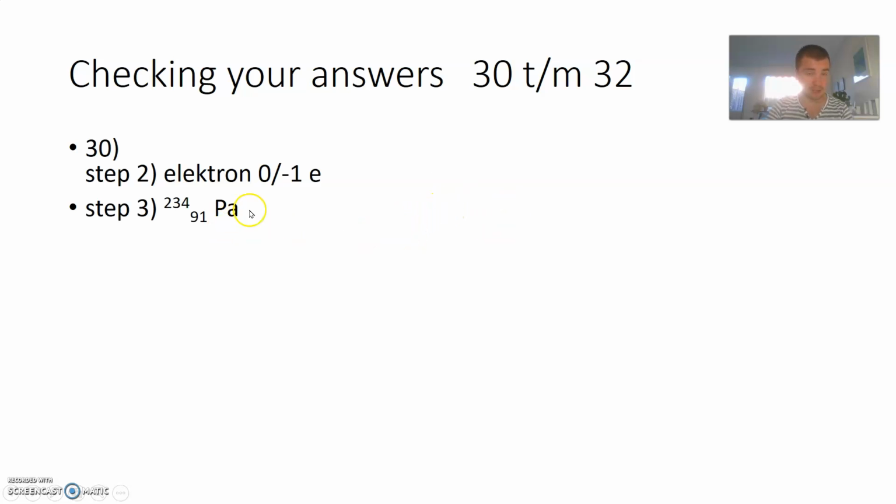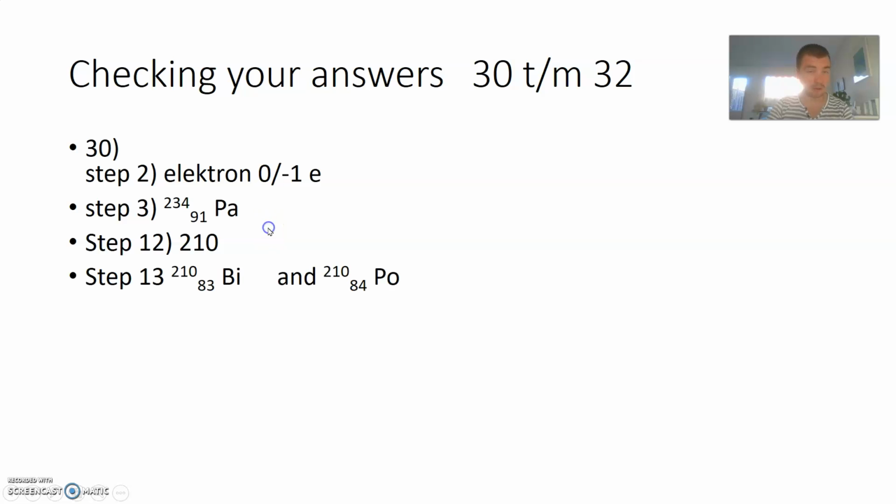At step 3, this is the answer: 234 and 91 Pa. The same reason. 234 at the end of the reaction plus 0, so that equals 234, and 92 plus minus 1 equals 91, and the substance is Pa. At step 12, it's 210, same reason as the steps before.